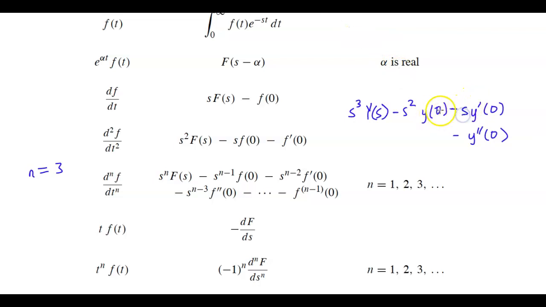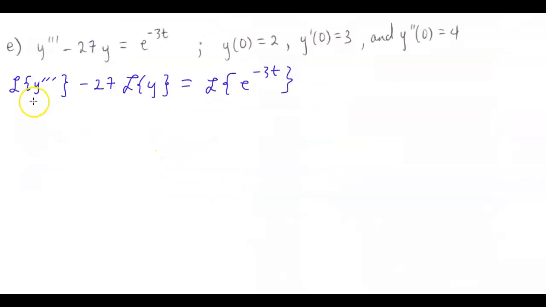So we see the s's go down in exponent. And of course, our y sub 0, order 0, order 1, order 2. And since this always stops one order less than whatever n is, let's go back to our problem here.